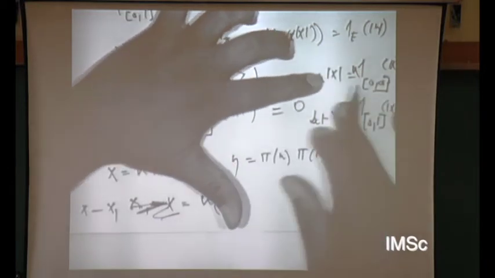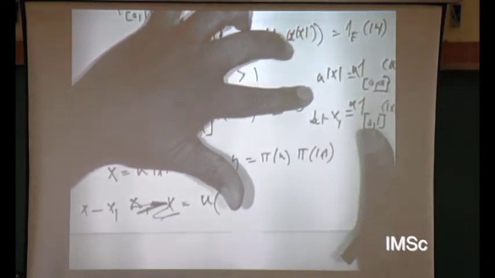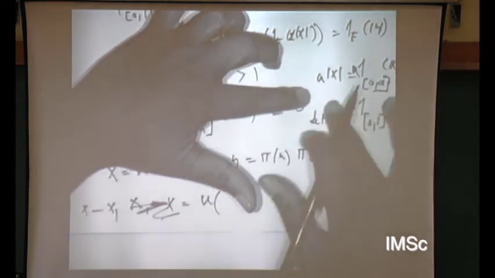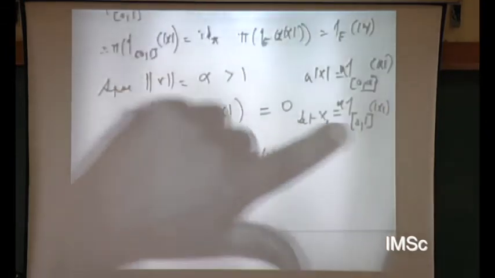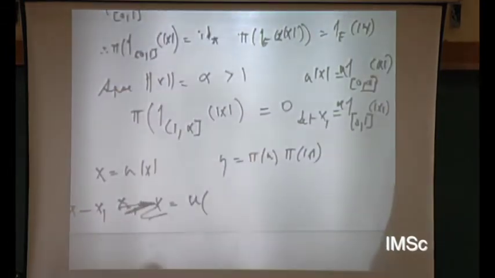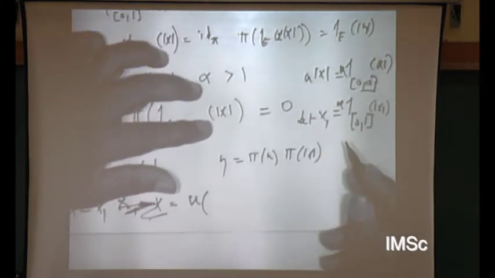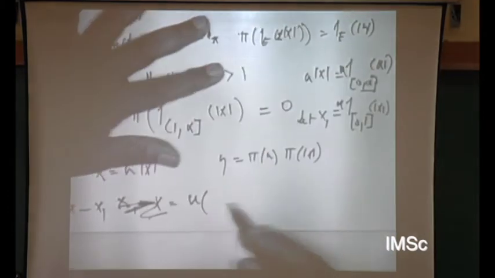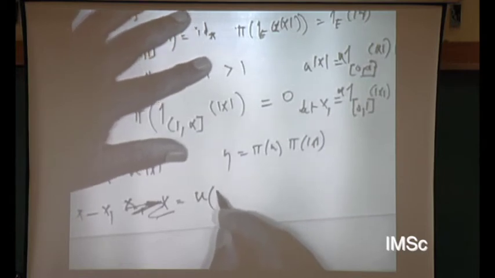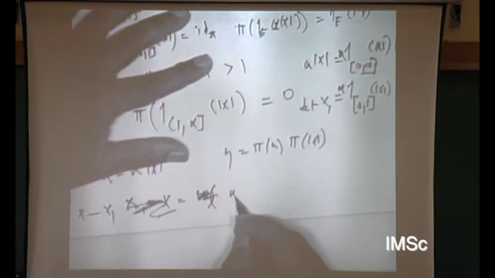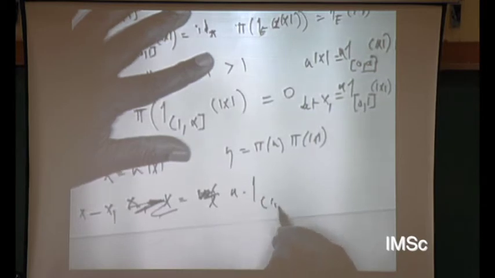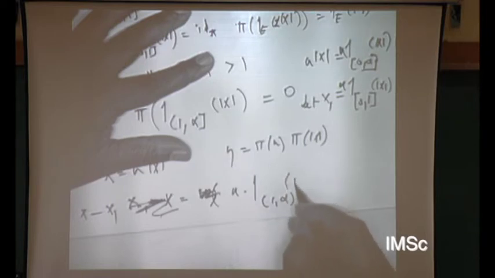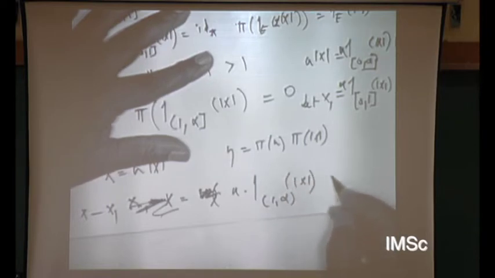So here I have |x| is u 0 alpha |x| times |x|. So u|x| is this thing. So this is what x is and x1 is this thing. So x1 minus x is u times this minus this, which will give you exactly 1 sub 1 alpha |x| times |x|.